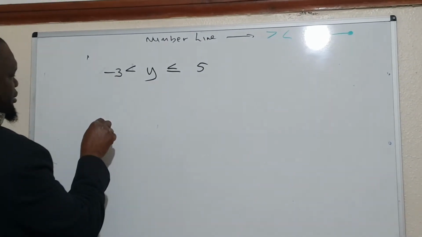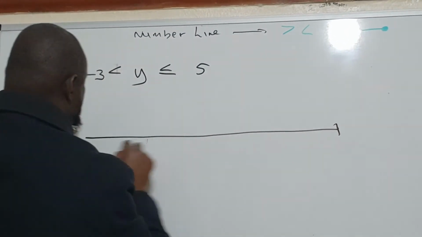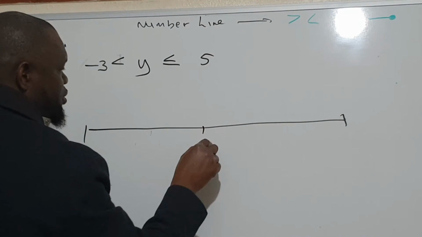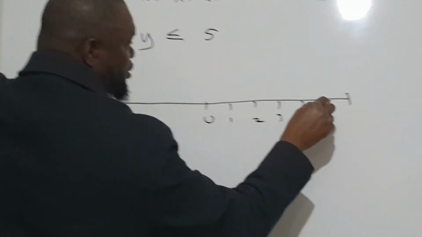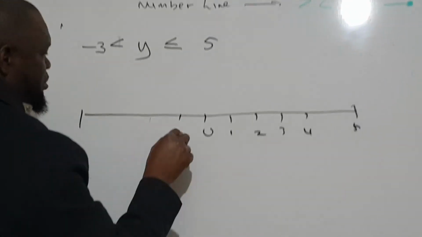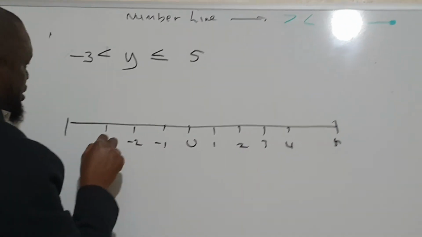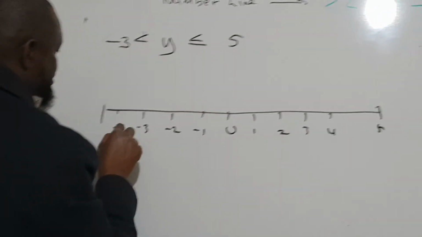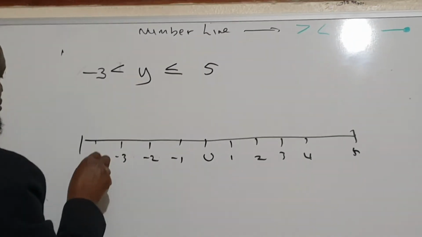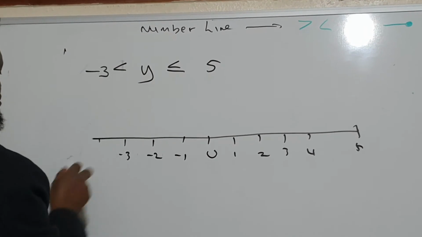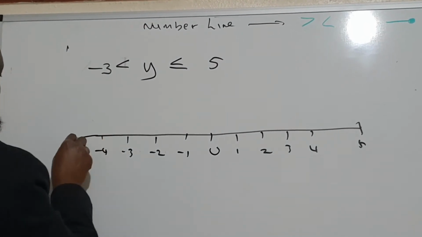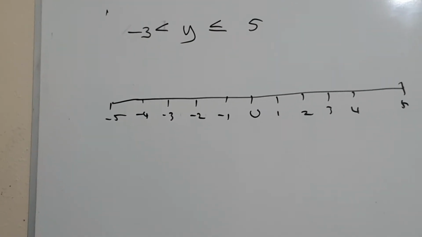Now we draw our range in it. 0, 1, 2, 3, 4, 5, minus 1, minus 2, minus 3, minus 4, minus 5. How will we put this?